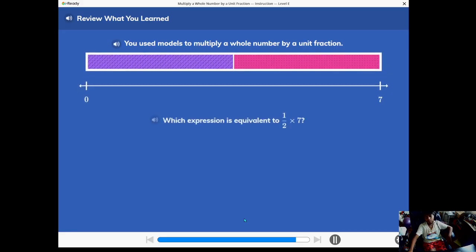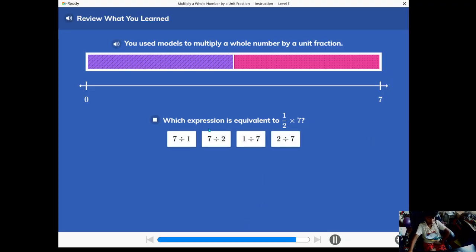Let's review what you learned today. You used models to multiply a whole number by a unit fraction. Which expression is equivalent to 1/2 times 7? 1/2 times 7 is... 7 goes in front, so that's 7 times 1/2.